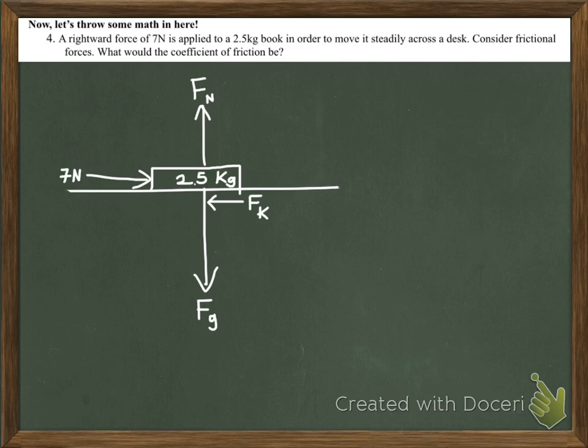Let me elaborate a little bit more about the difference between kinetic and static friction. When an object is sitting on top of a desk, it's just sitting still. There's no friction whatsoever. But as soon as we start moving it, there's some sort of friction. Let's assume this box weighs, let's say 170 kilograms.